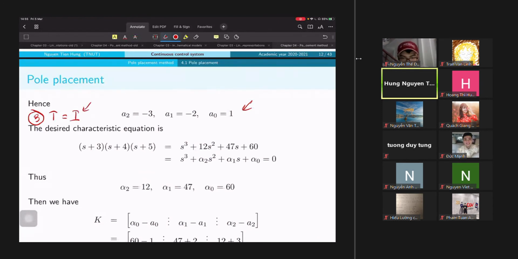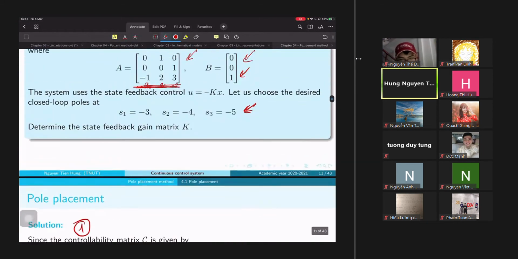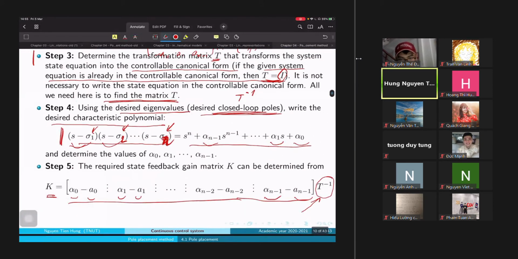This is a lucky case. Of course, it depends on the problem. For another problem, if we don't get this form, you have to find it yourselves. And then in the next step, step number 4, we will find the characteristic polynomial corresponding to the poles we want.